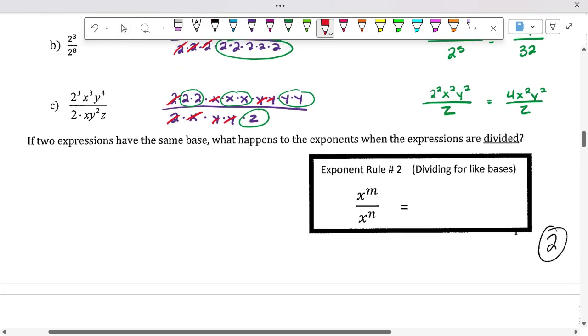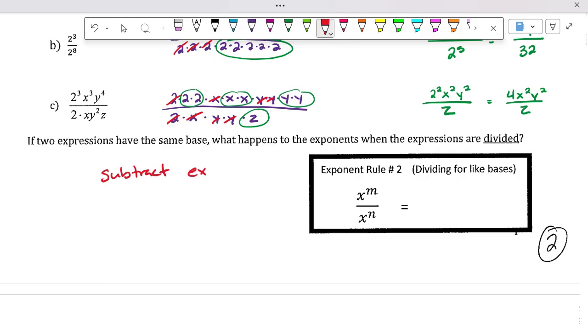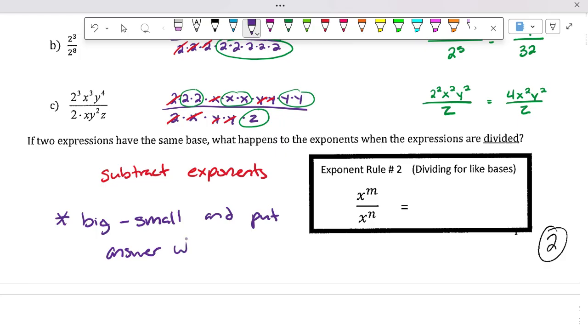Okay, so when you divide like bases, you subtract the exponents. Specifically, I would do the big exponent minus the small, and put the answer where the big exponent was in the fraction.